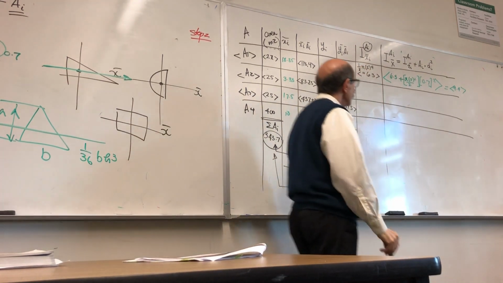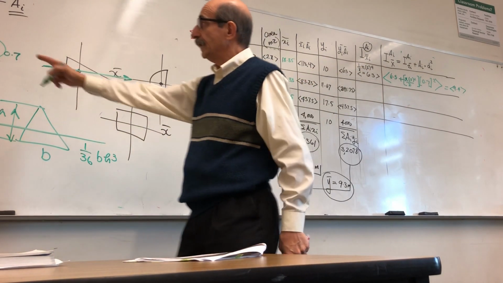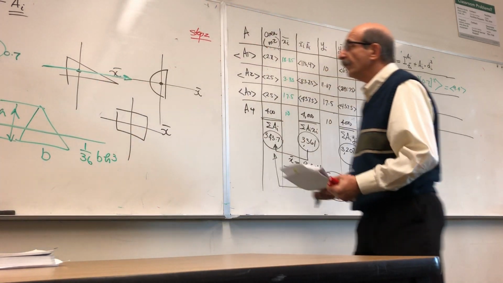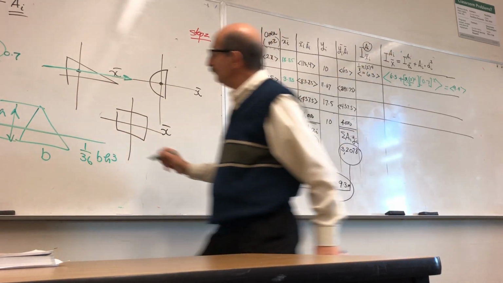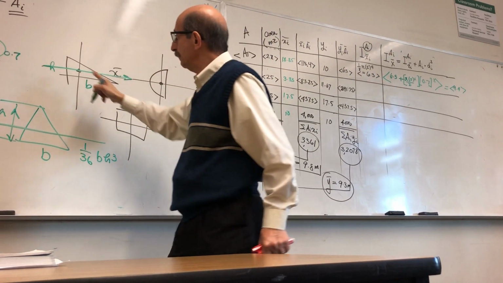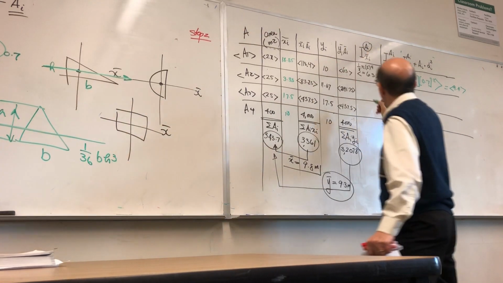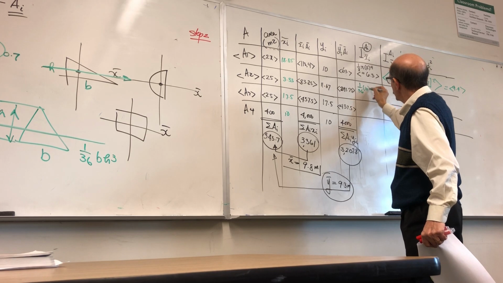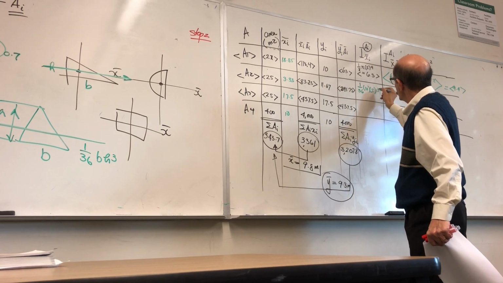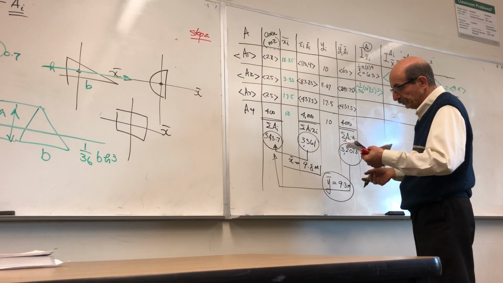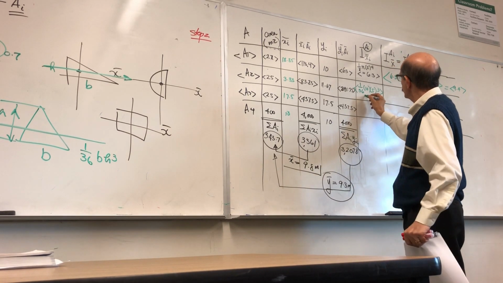So let's evaluate that. If I calculate 1/36, this is B, this is H, 10, 5. So I have 1 over 36, 10, 5 cubed, and that's going to come out to be 34.7.